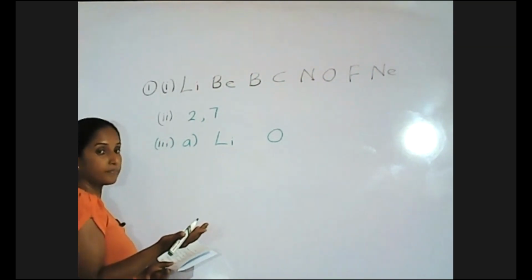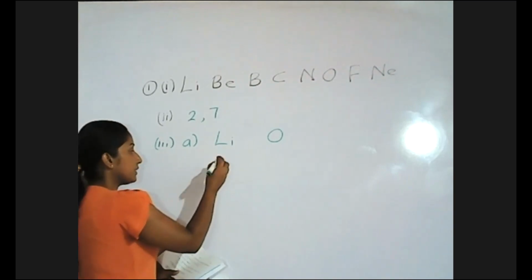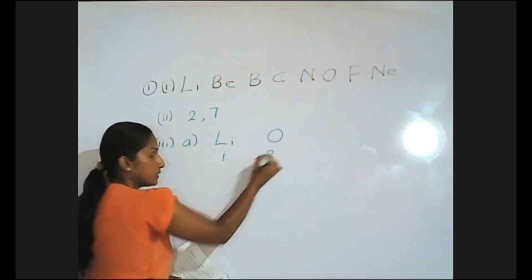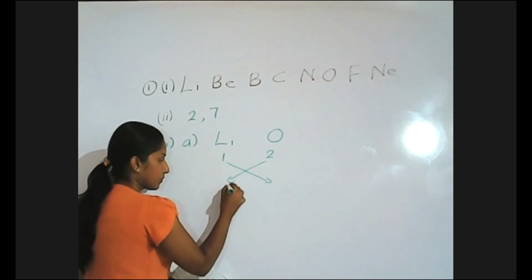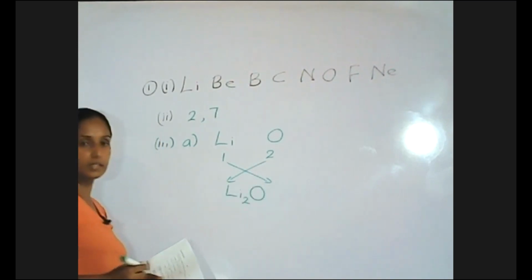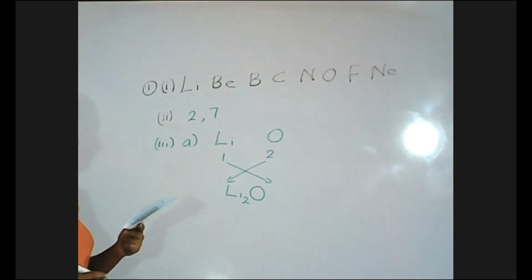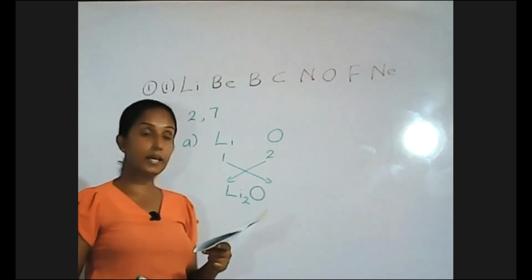We don't know how they give the marks in the marking scheme, so it is better to write in this way. Lithium, valency 1, oxygen, valency 2. Then Li2O, lithium oxide, Li2O.